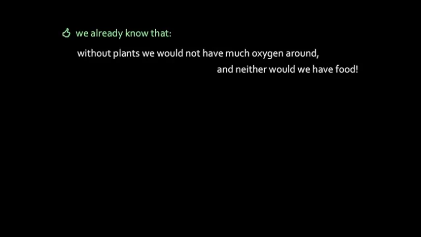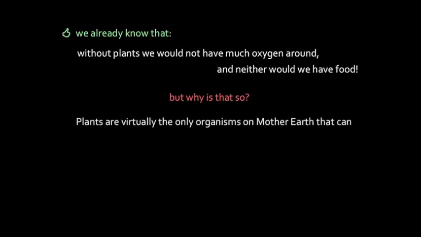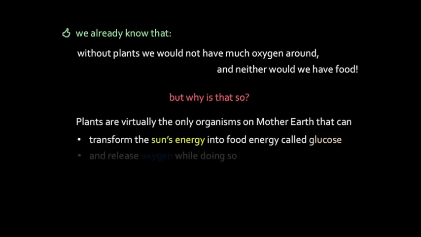We already know that without plants we would not have much oxygen around, and neither would we have food. But why is that so? Plants are virtually the only organisms on Mother Earth that can transform the sun's energy into food energy, called glucose, and release oxygen while doing so.